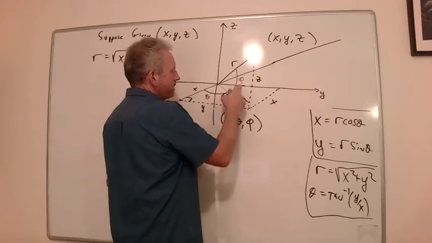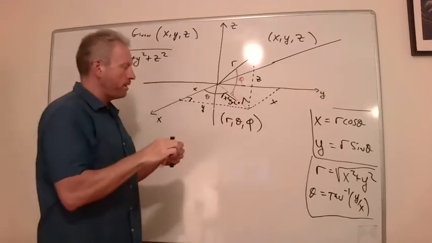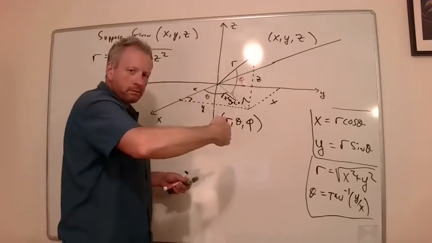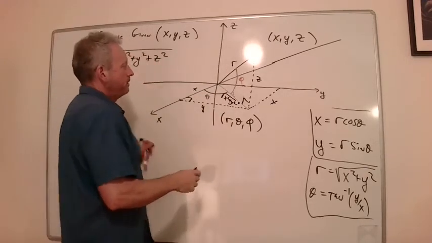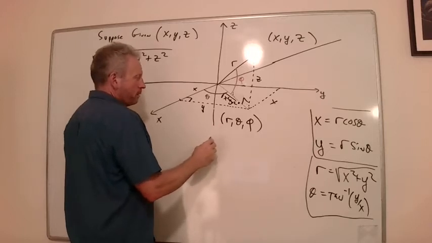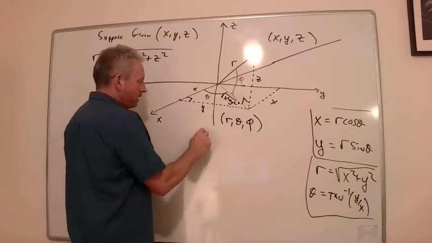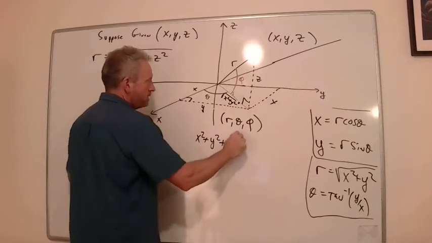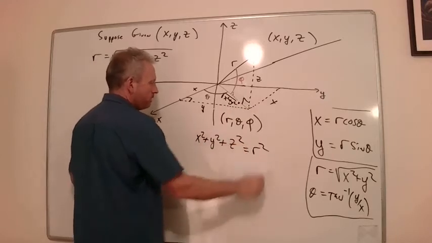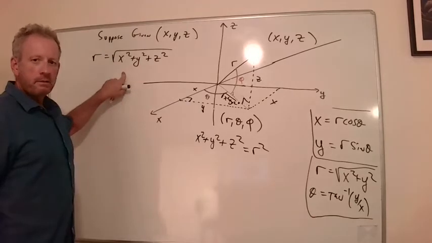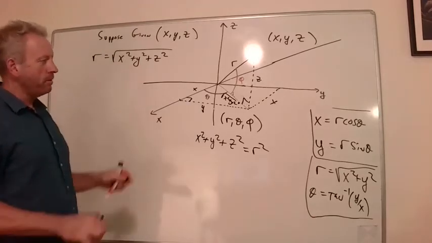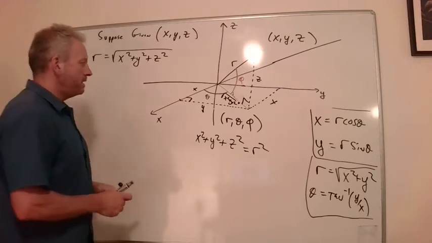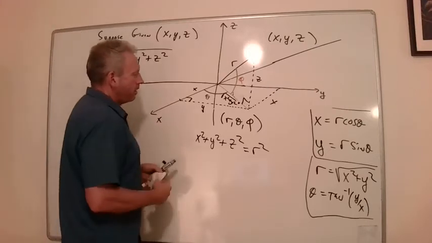If I use the Pythagorean theorem on this triangle, which is sitting perpendicular to the xy plane, it says this side squared, x squared plus y squared, plus this side squared, z squared, equals the hypotenuse squared. And that's where we get that. So no mystery there, nothing particularly special. Given x, y, and z, I can tell you what r is.